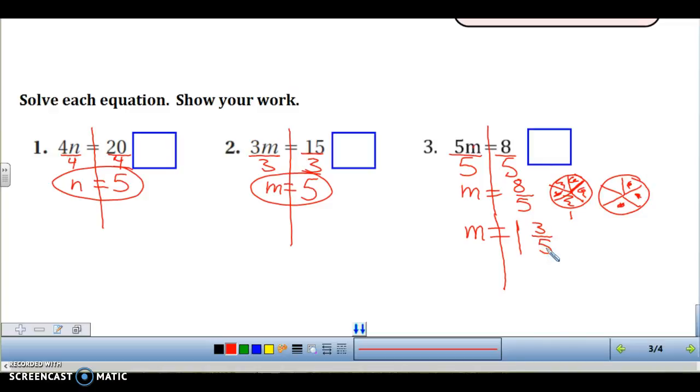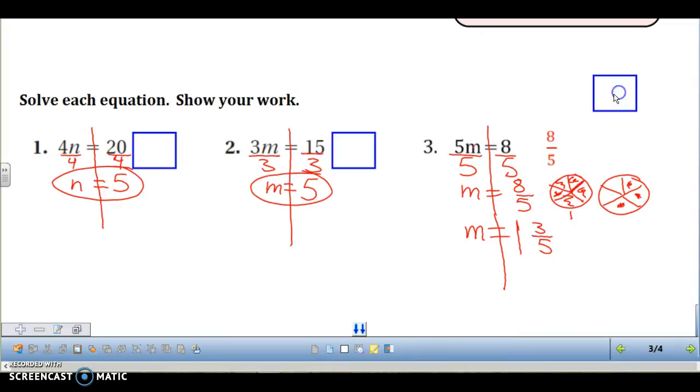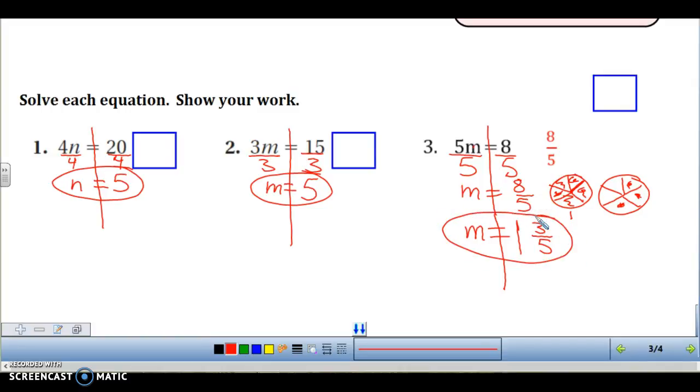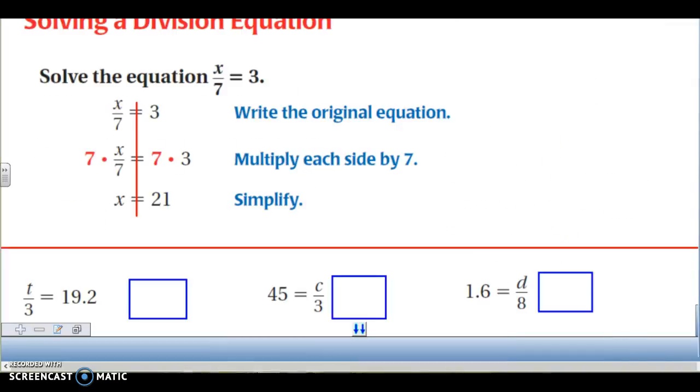Now there's other ways we can calculate this and get a decimal. But for now, I want you to be able to find the fractional form of it. Okay, we end with 8/5, or if you write it as a mixed number, m equals 1 3/5. Okay, and I know that 5 times 1 is 5, and 5 times 3/5 would give us 3. So I know that to be true.